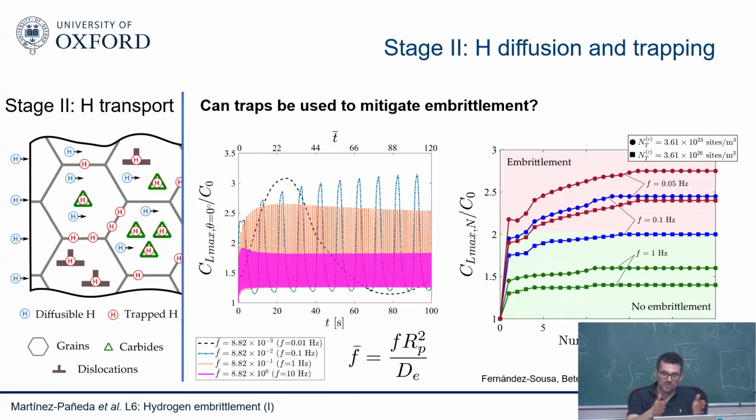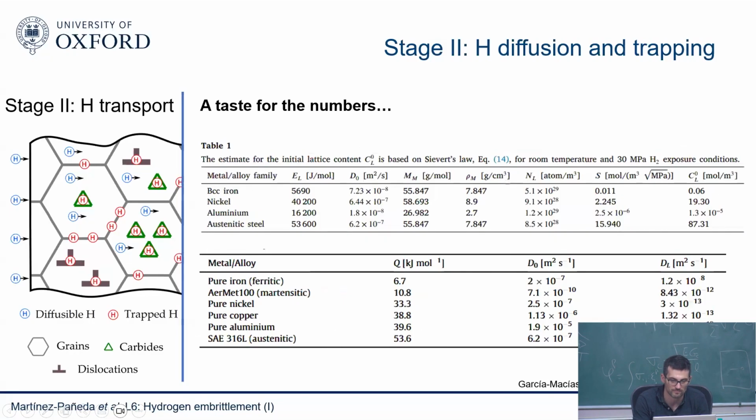But we changed the carbide densities to values that we think we can achieve, and you can increase the regime of safe frequencies by an order of magnitude. Whether that matters as an engineer or not, maybe you are dealing with frequencies that are much lower anyway, and then you don't care. It will have to be a solution very specific to a very specific problem, but it can be a solution.